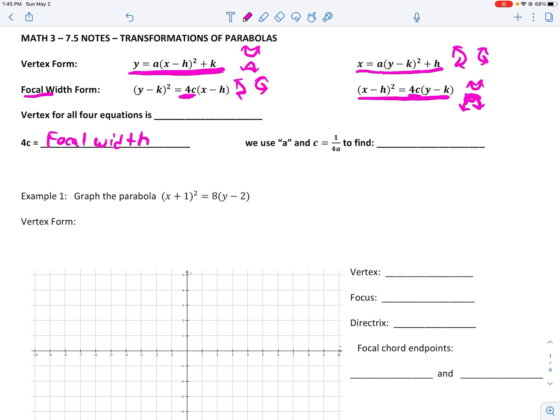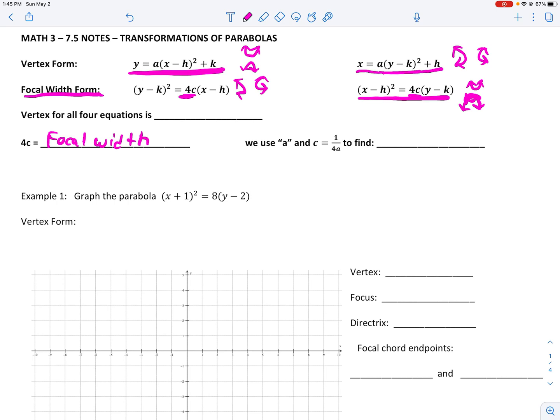So focal width form is nice because it allows you to find 4c and you can work backwards. You don't have to do all that 1 over 4a stuff. You don't have to work with all the fractions. So if you're comfortable with focal width form, it is actually algebraically a little easier to work with.